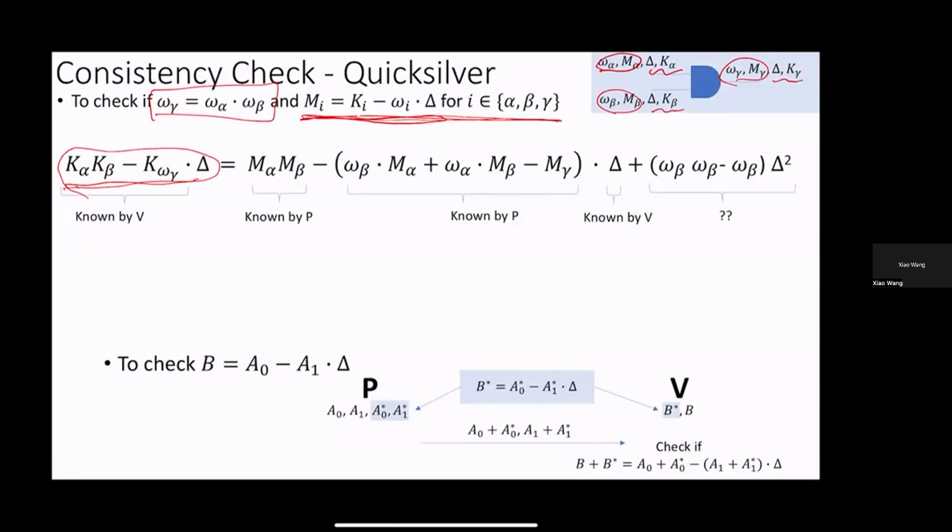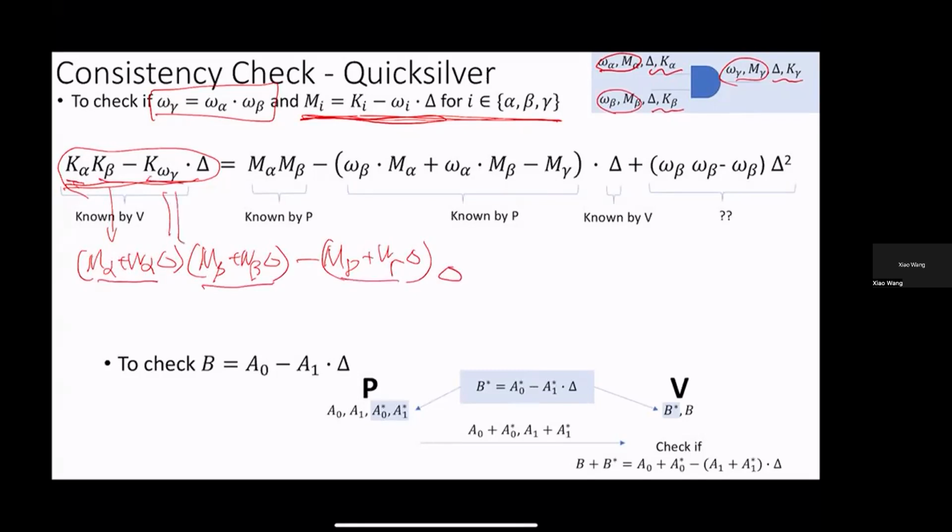So this equals M_alpha plus omega_alpha delta, times M_beta plus omega_beta delta, minus M_gamma plus omega_gamma times delta. I just replace K with this, B with this, and gamma with this.